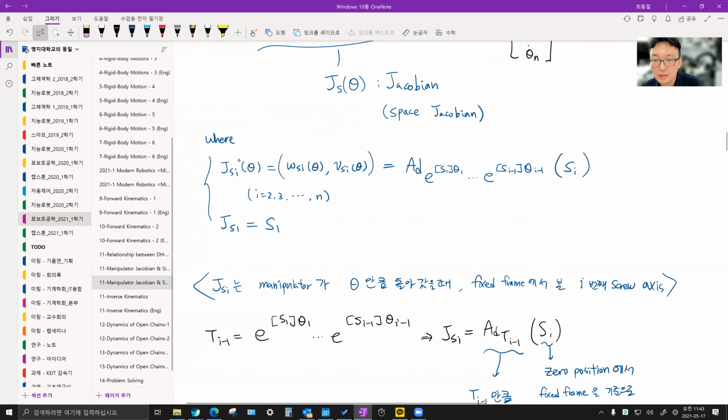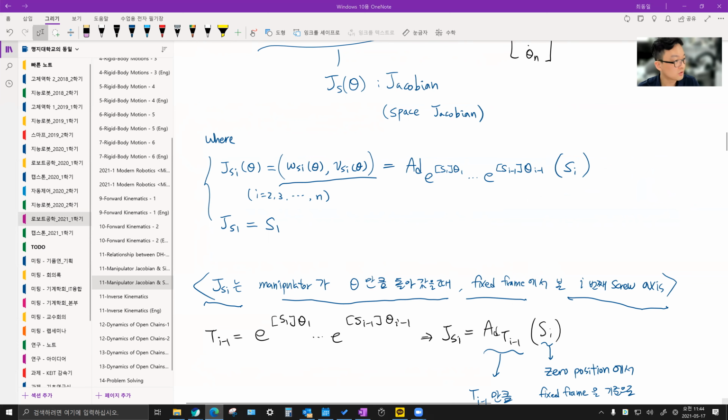So actually, the Jacobian column vector can be written like that: omega_si, v_si, as a function of theta. I will interpret this one. J_si is equal to the i-th screw axis based on the fixed frame when the manipulator is rotated by theta.